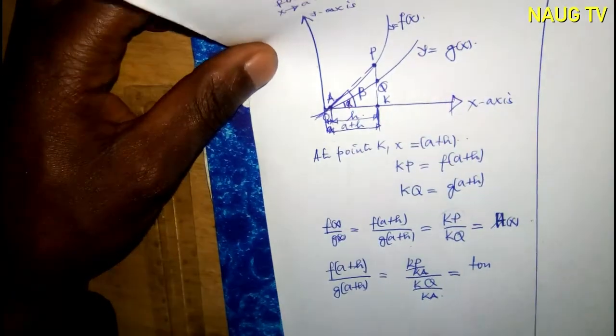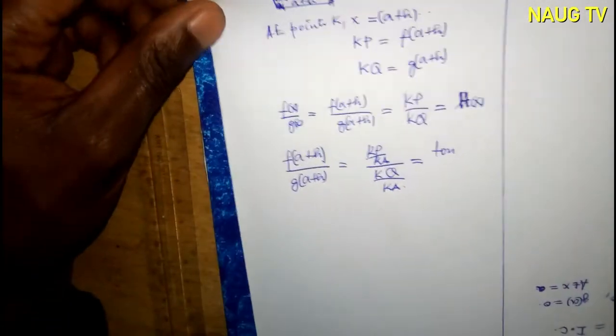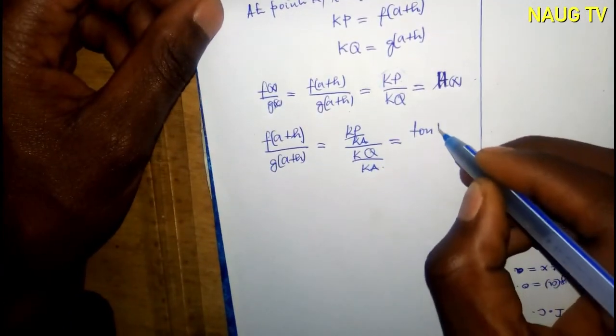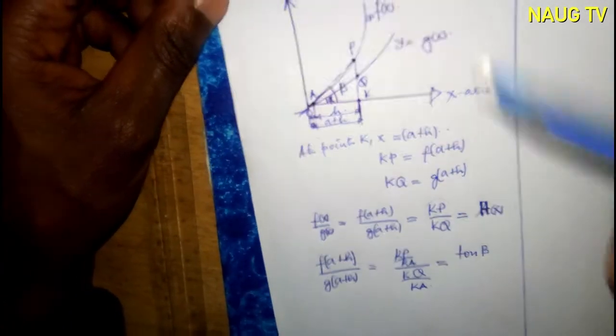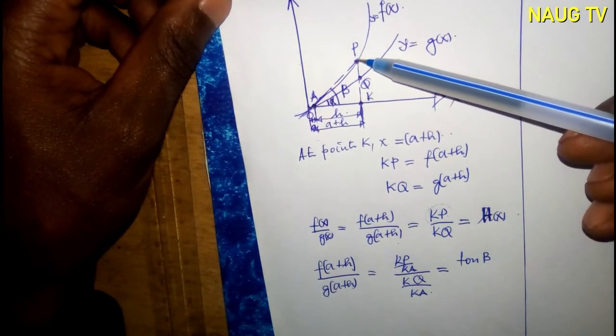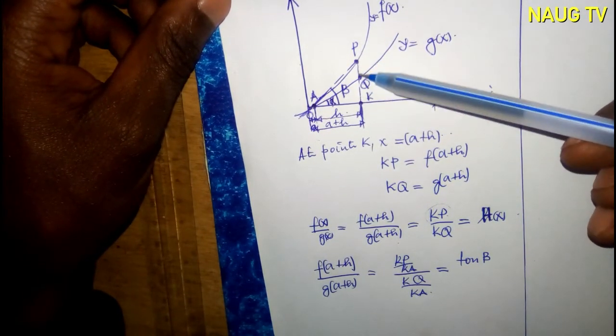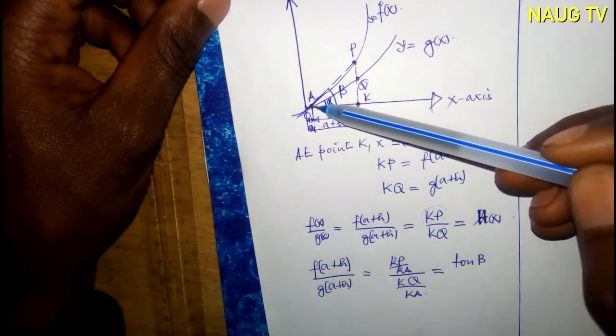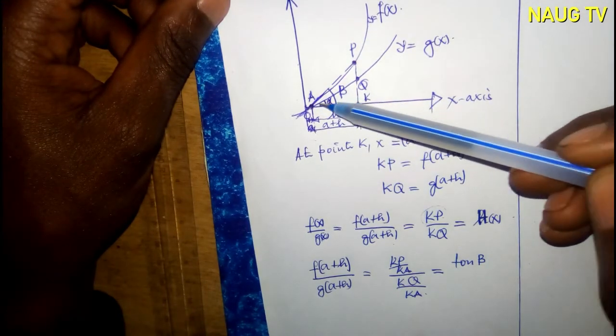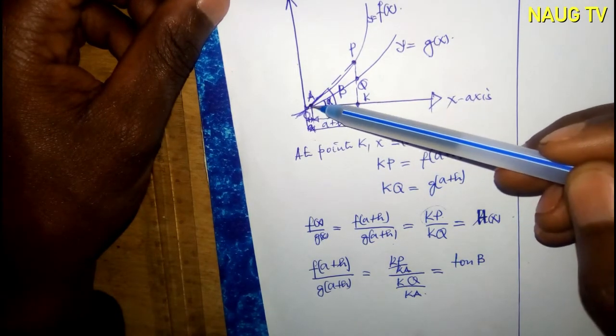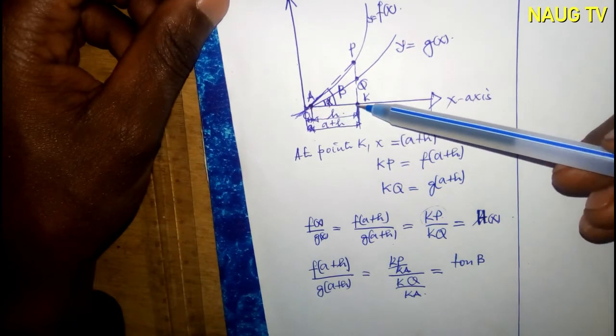So here we'll have tan beta, because it is the ratio of distance PQ over distance AK.